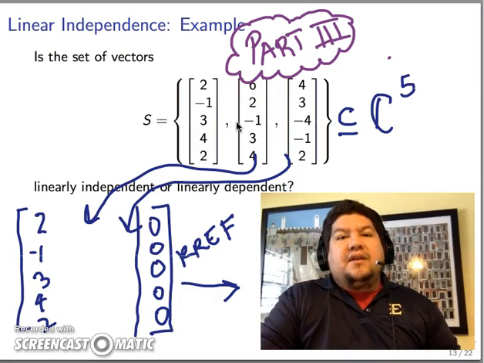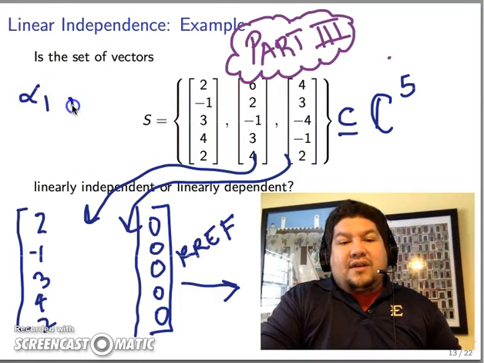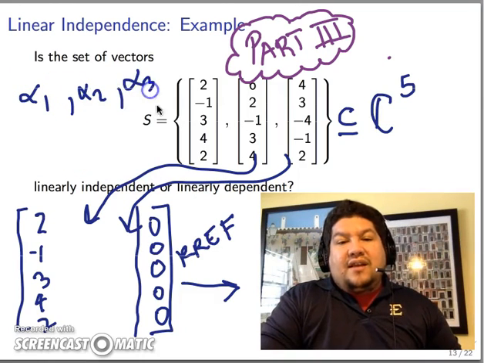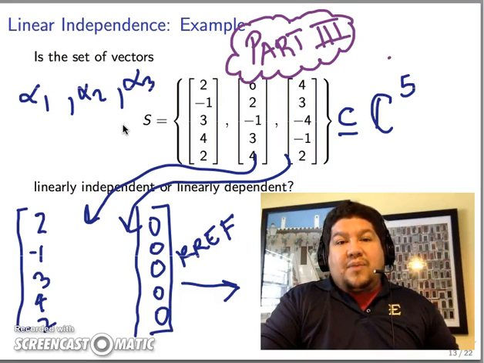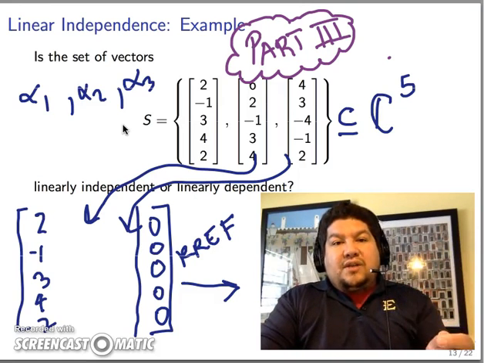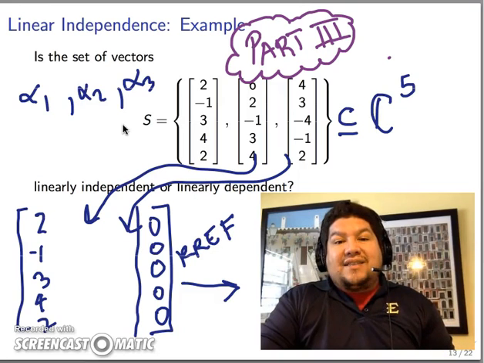That's the case in which there are rows of zeros in the RREF, and that will allow you to establish which of the scalars, alpha 1, alpha 2, and alpha 3, are free or dependent variables. If one of them is a free variable and the others are dependent, you may come up with a non-trivial solution for the homogeneous system, or a non-trivial relation of linear dependence. You would classify this set as linearly dependent.